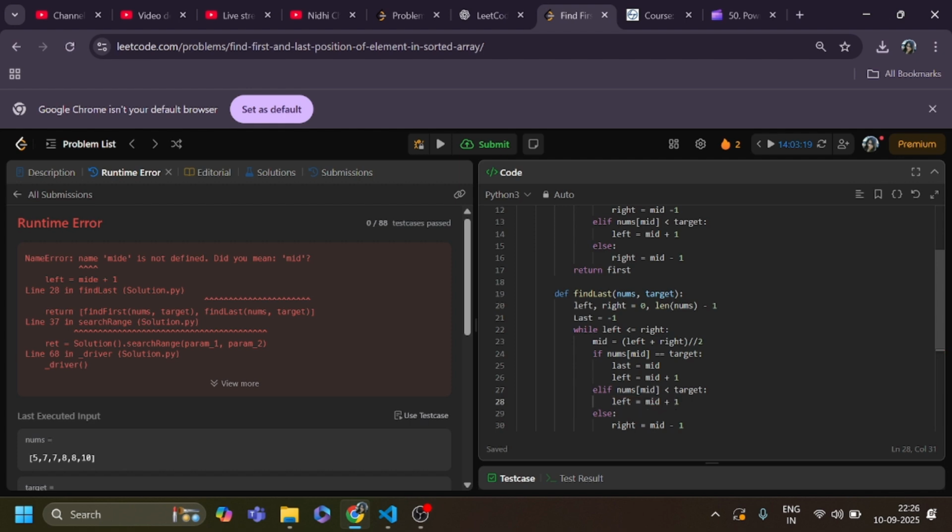A spelling mistake here at line number 28. Now again I need to run this.